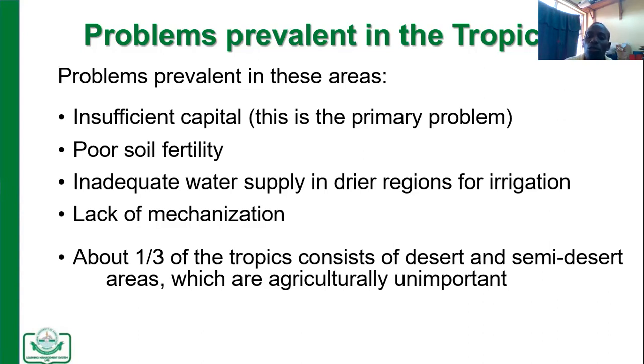What's a desert? A desert is a dry area, just as we have said in the savanna, and mostly in areas we call the Sudan savanna, the Sahel savanna. It's very dry and it's around the Sahara desert, so it's closer to those areas. Those areas, because of the dryness and lack of water supply, are agriculturally unimportant.